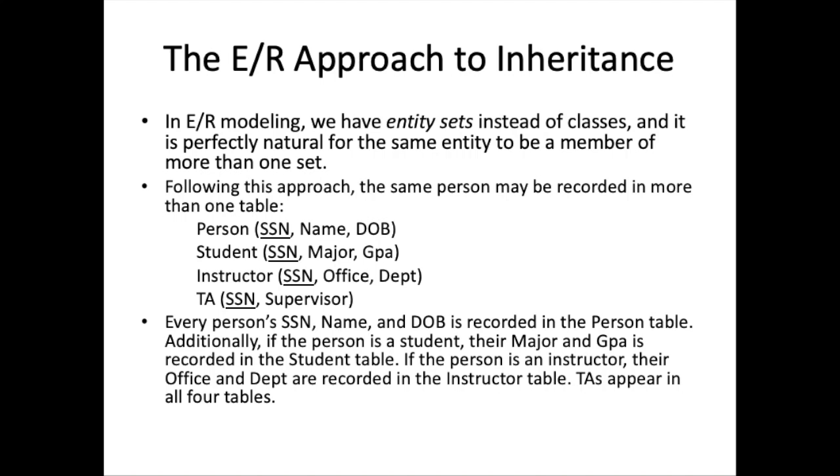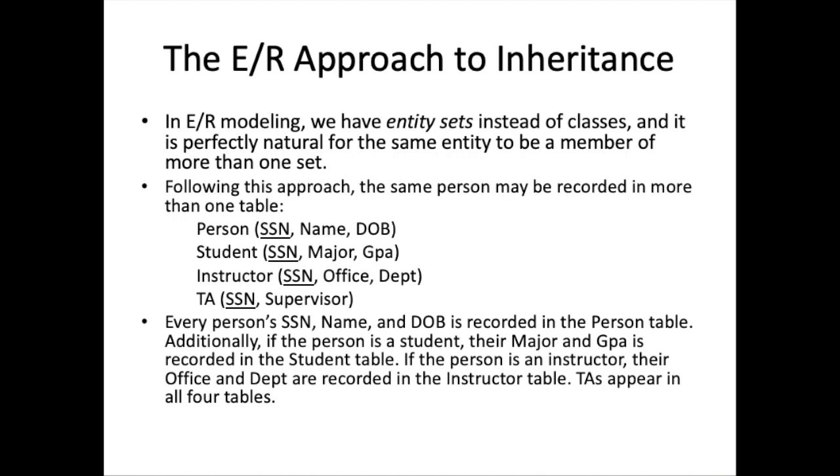If we think from the ER perspective, even though the concepts are very, very similar, there are some subtle differences. In ER modeling, we have entity sets instead of classes. And when we're thinking about sets, it's perfectly natural to consider the same entity to be a member of more than one set. Right? Sets can overlap.